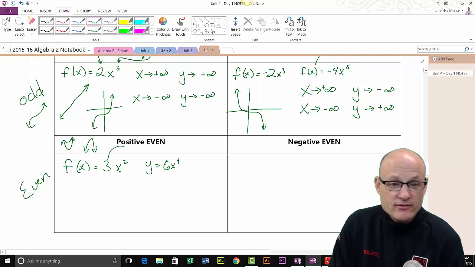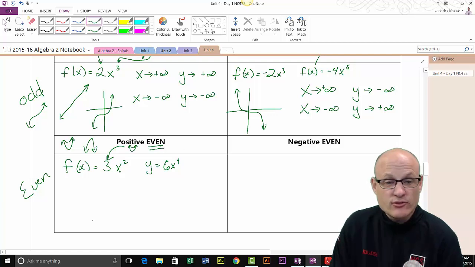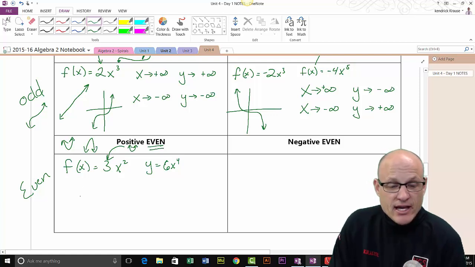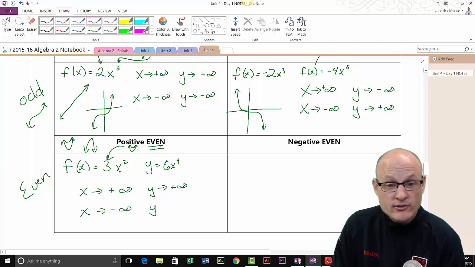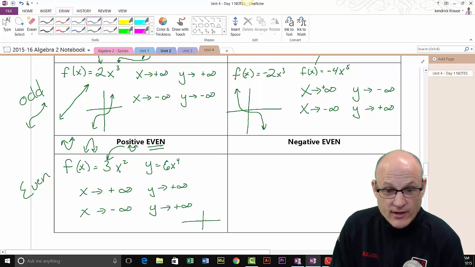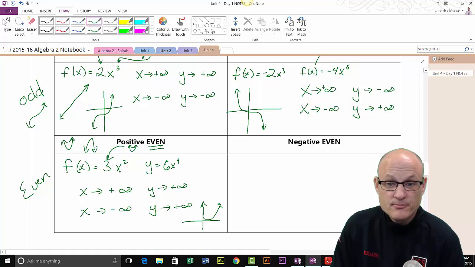If it's positive, the positive means it's going up. If it's even, that means it's going the same direction. So in this case, as x goes to positive infinity, y goes to positive infinity. And as x goes to negative infinity, be careful here, y is going to positive infinity, because it doesn't matter if I go to the left, it's going to go up, and if I go to the right, it's going to go up.